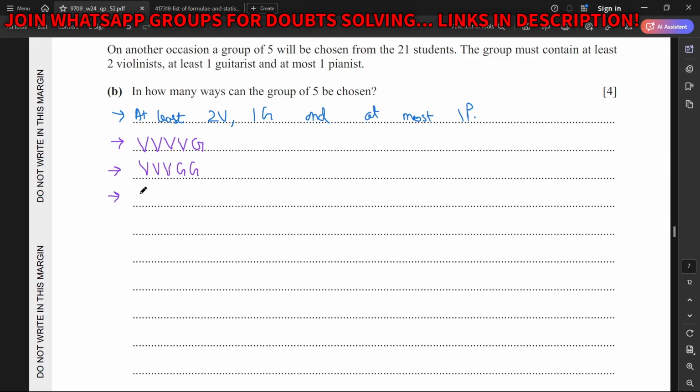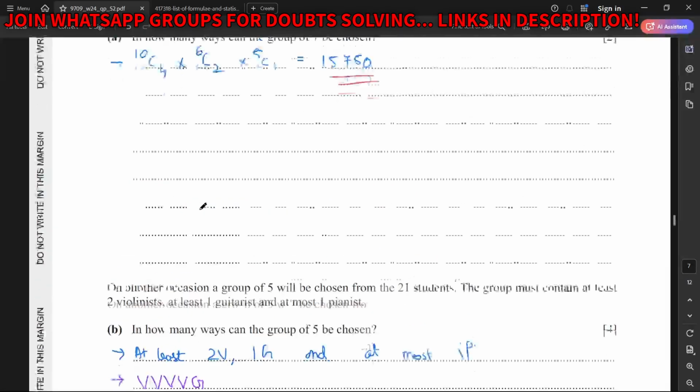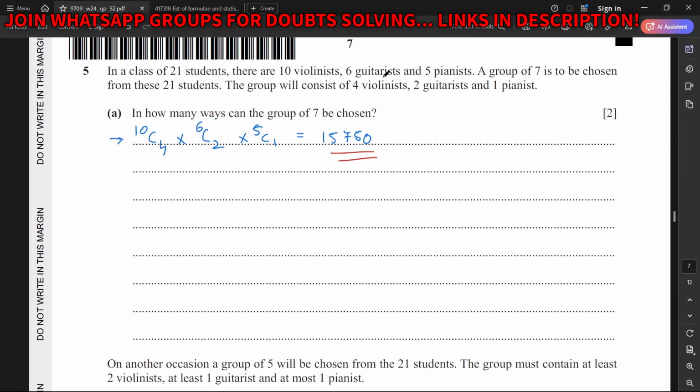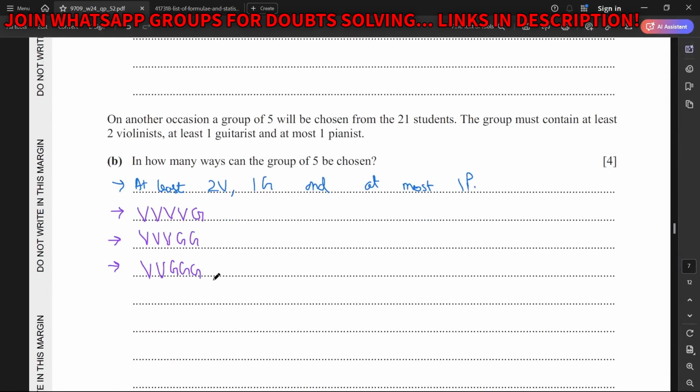Now what about this? I can have 2 violinists and 3 guitarists, because the total people playing the guitar is 6. So I can obviously take 3 of them in the group of 5, where the 2 violinists condition is still satisfied and the 1 guitarist condition is also satisfied. Now I can go ahead with another possibility where I can have violinist, violinist, violinist, at least 2, and then 1 guitarist, and at most 1 pianist.